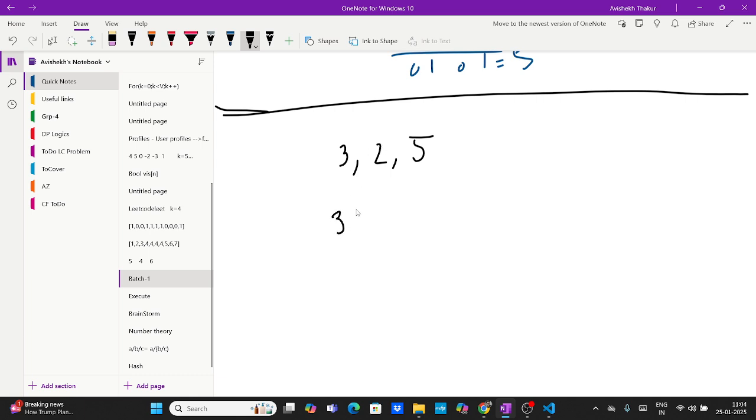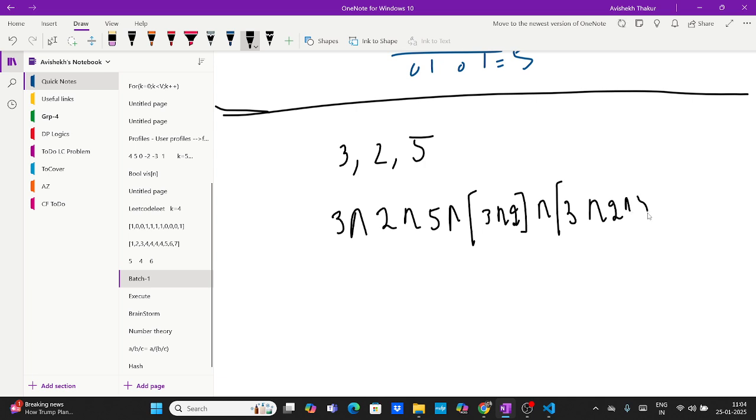That is 3 XOR 2 XOR 5, 3 XOR 2, 3 XOR 2 XOR 5, 2 XOR 5. Find the XOR of all the subarrays possible. Are these the only subarrays? Yes. So you have to find this expression.